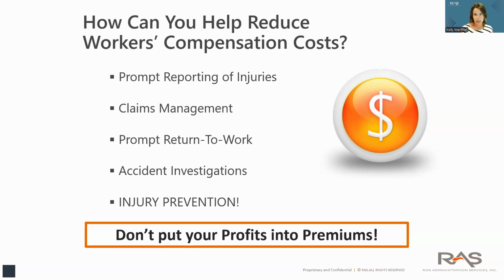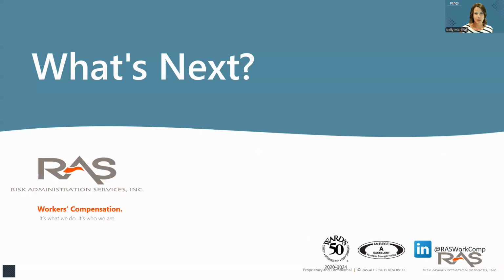Include accident investigation as part of your claim investigation as well, so we can dig to the root cause of those injuries. And ultimately, injury prevention is truly your best strategy. You don't want to continue to put your profits into your insurance premiums. So the better that you can do at managing them and preventing those injuries in the first place, the better off you will be when you start to look at what that EMOD is next year.